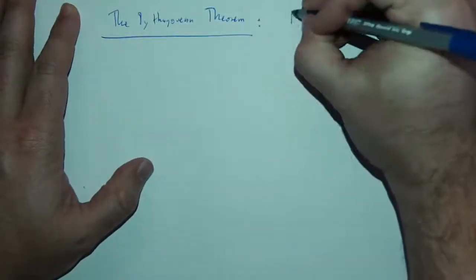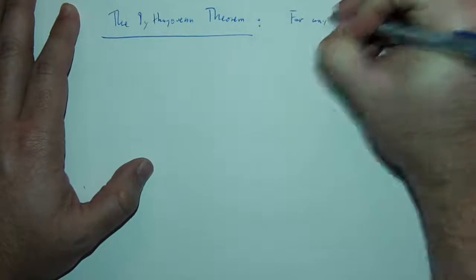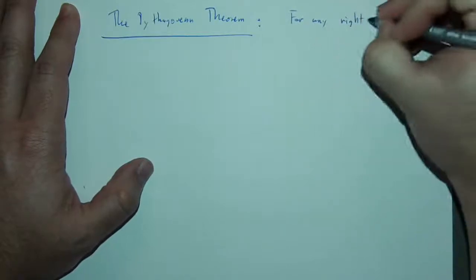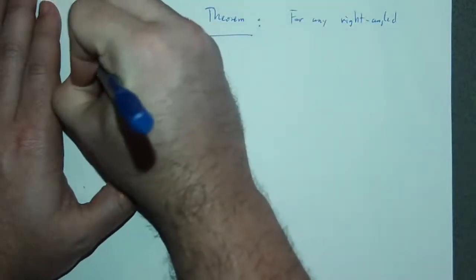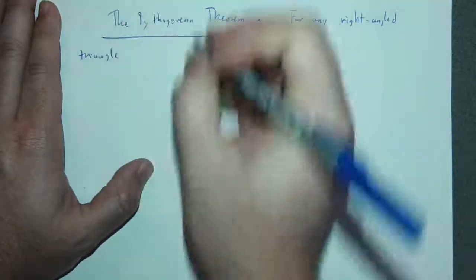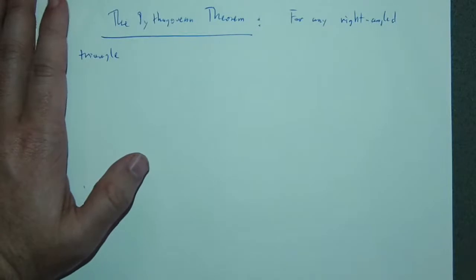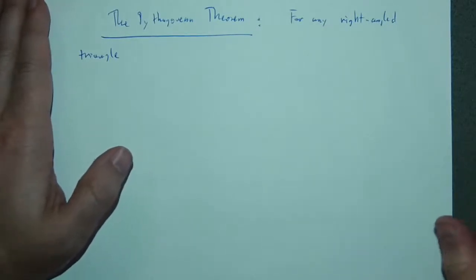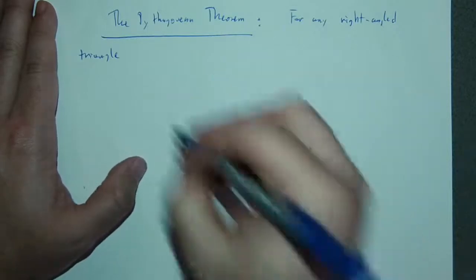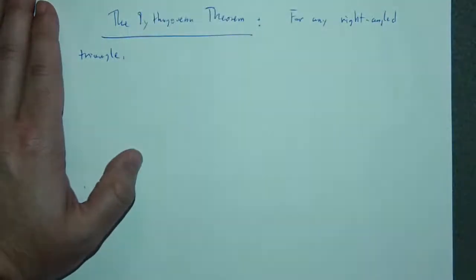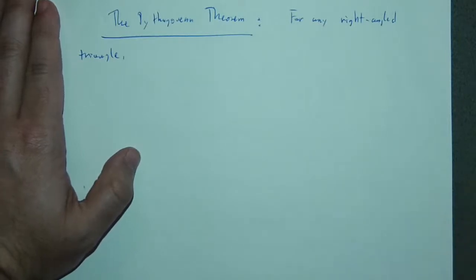For any right-angled triangle, because we know the interior angle sum of a triangle is 180, if a triangle has one right angle, it can't have any more, right? The second you say a right-angled triangle, that fixes exactly one as the right angle. The sum of the other two together is then pi over 2.